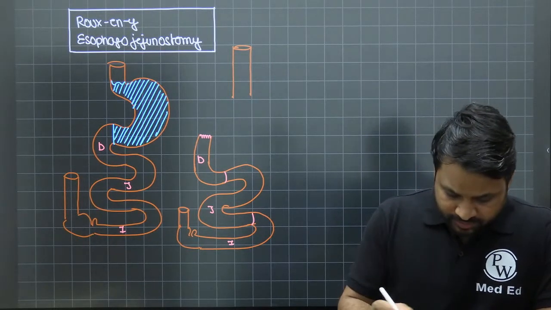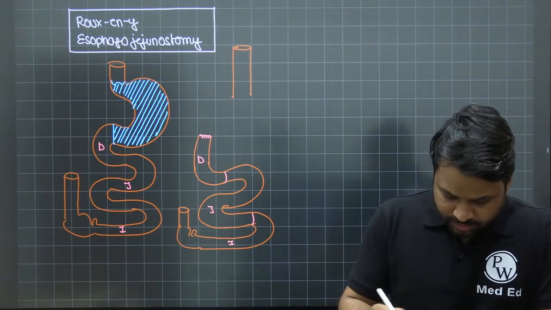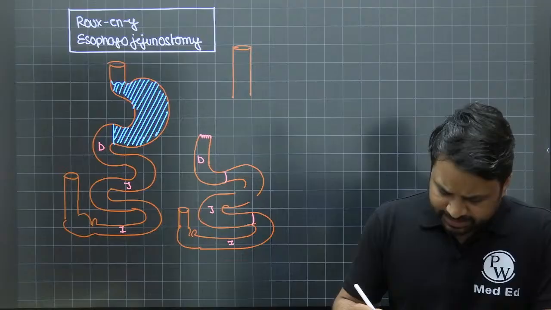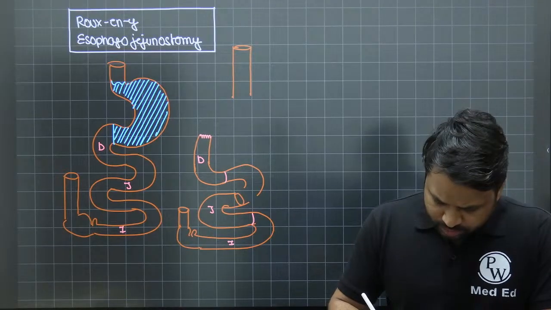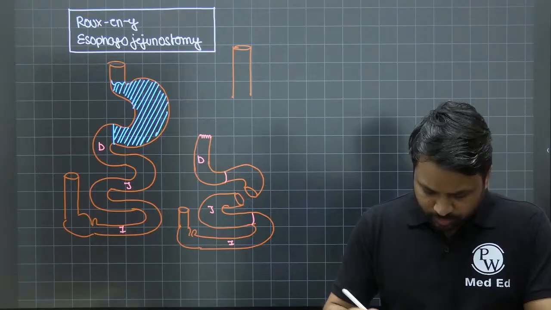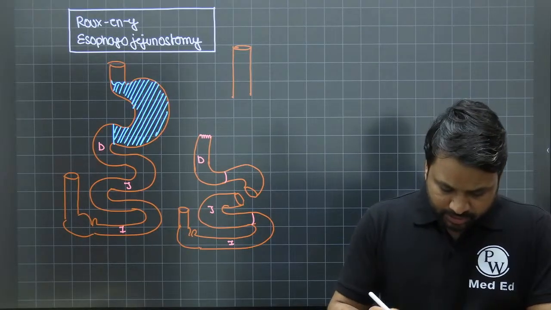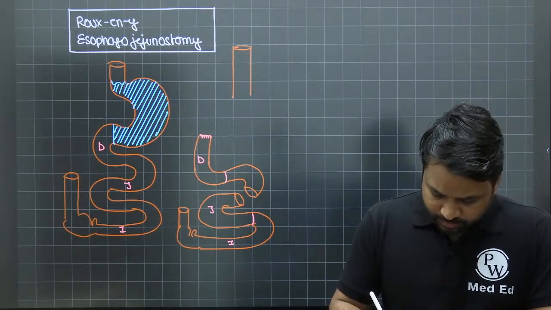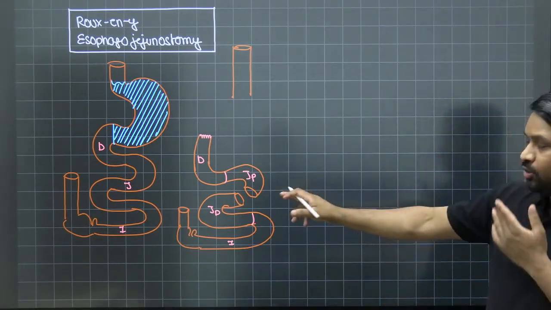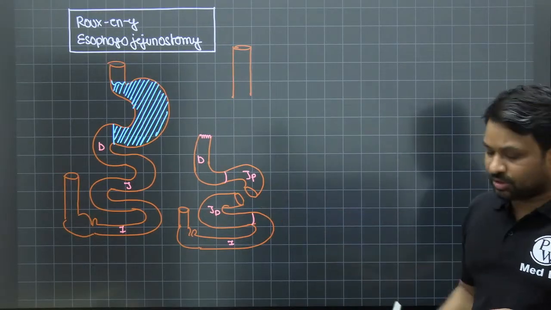I am going to divide the jejunum here. Normally we'll say 50 to 60 centimeters from the duodenojejunal junction. So once you divide the jejunum here, you've got two parts of the jejunum. I can call this the proximal jejunum and this is what we call the distal jejunum. The two parts that you divide: the proximal jejunum, distal jejunum.